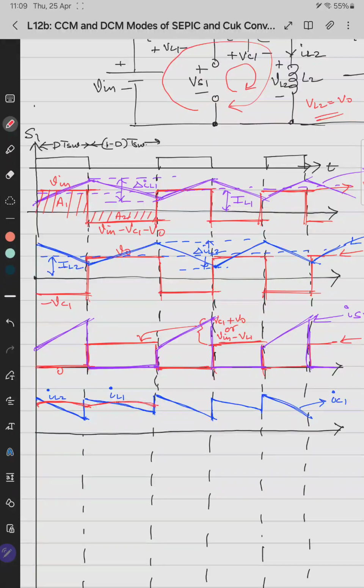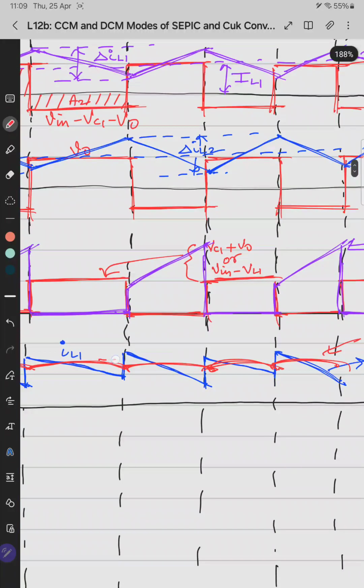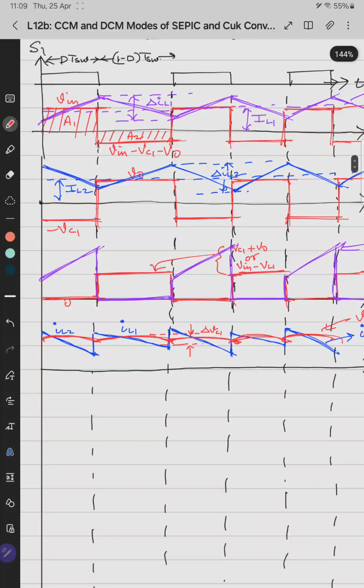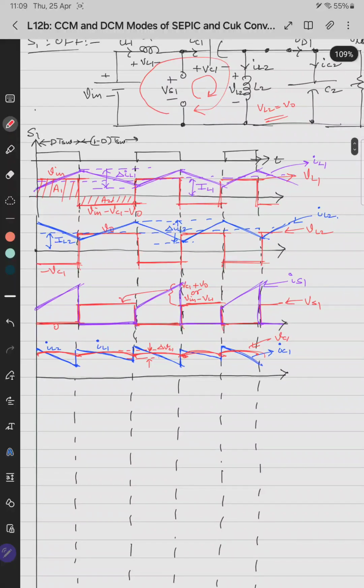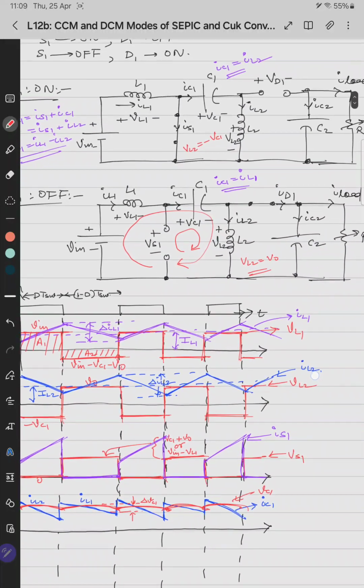It is almost constant, because we are assuming that the capacitance is so big that it will take care of this ripple. This waveform is VC1. It has some ripple content of delta VC1, like this. So VC1 and IC1 are done.